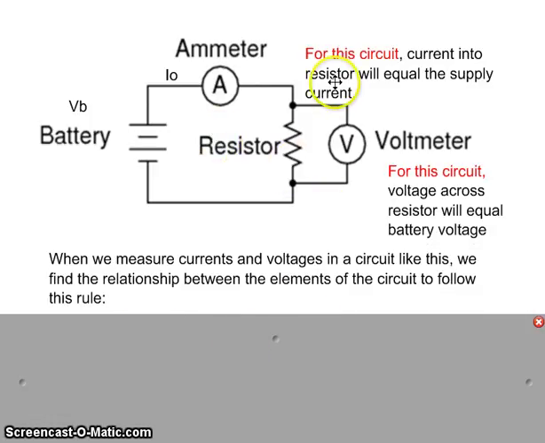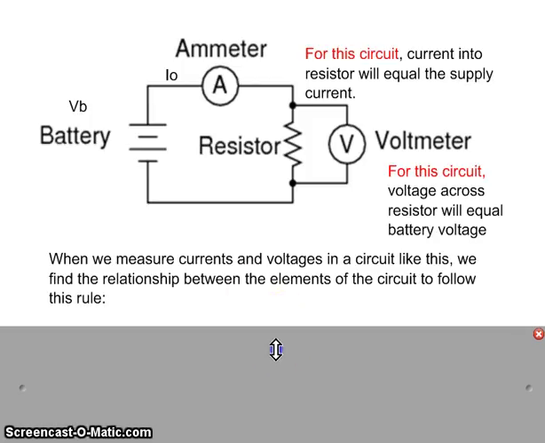I keep saying for this circuit because, of course, there's an infinite number of circuits we could build and explore. But what we're about to uncover is something that is very generalizable, very much universal. When we measure the currents and voltages in a circuit like this, we find a relationship between the elements of the circuit, and they follow a particular rule.